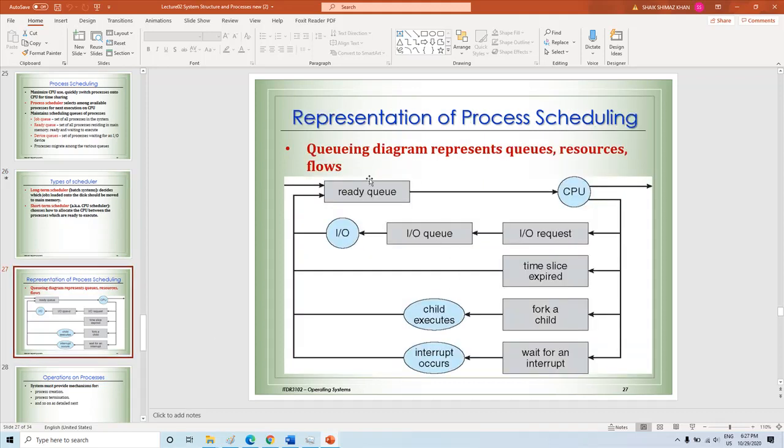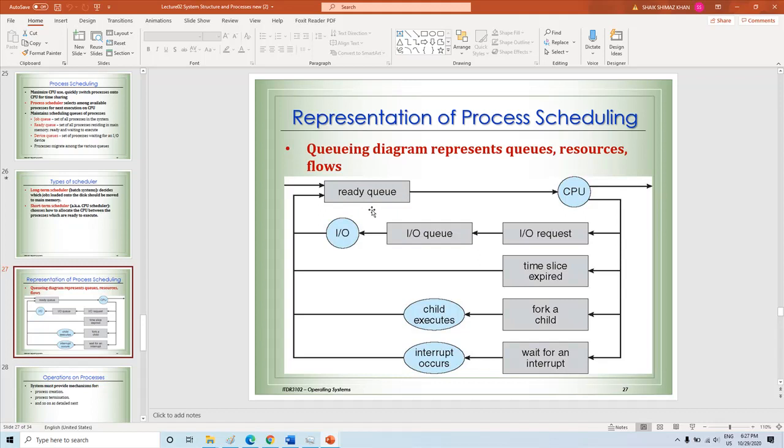So, here this is the ready queue. Here a set of processes are waiting for the CPU execution. Just assume many processes are waiting here. Now, we need a program which would schedule or arrange these processes in a specific order and allocate the CPU to these processes in that order.